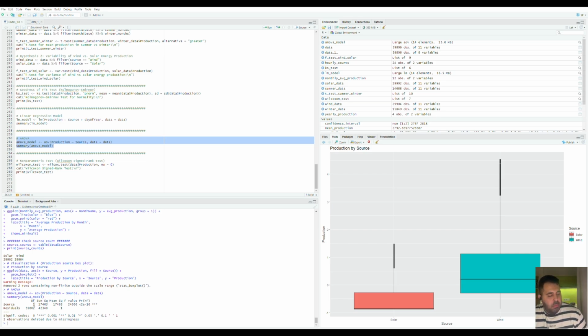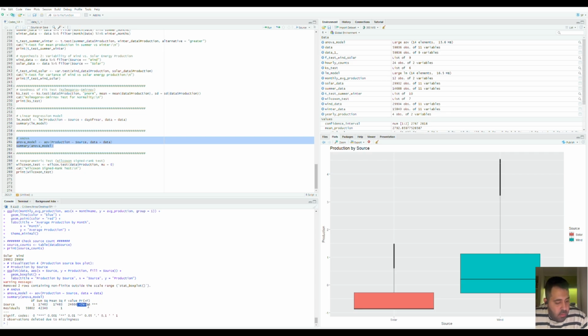So in conclusion, we can see that the ANOVA results show a highly significant effect of the energy source on production, with a p-value much less than 0.001, as we see here.